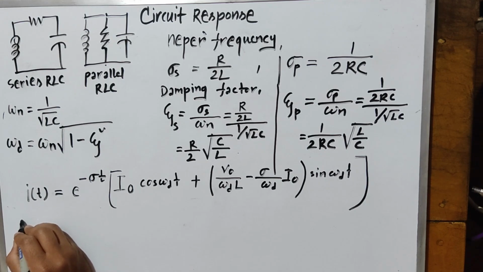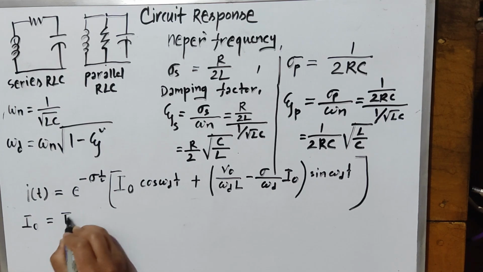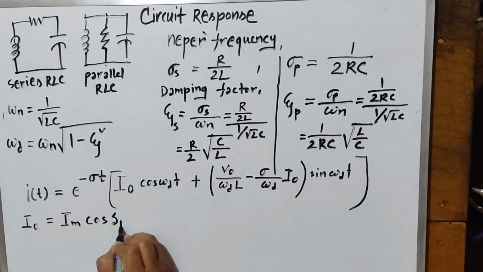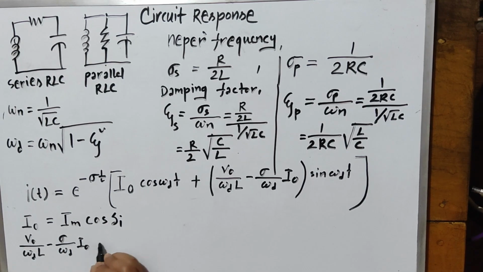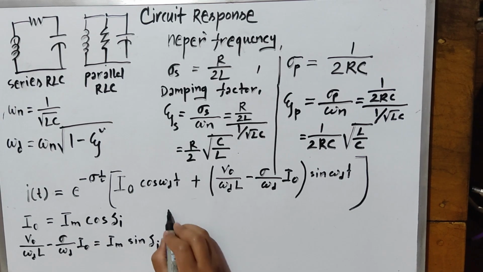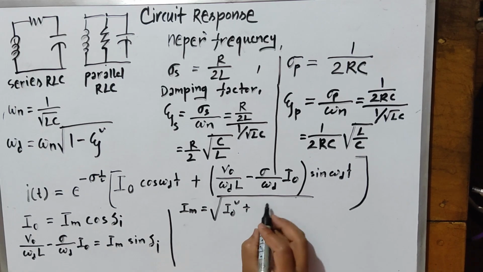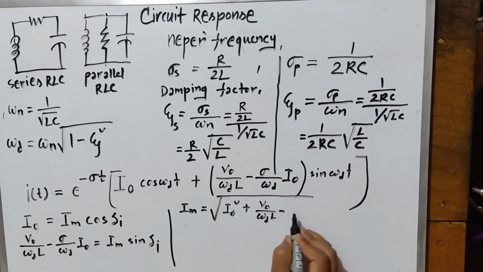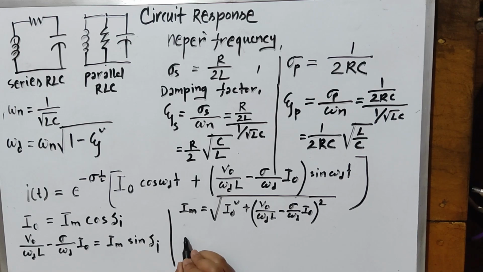So if I say that Io is Im cos delta I, and the term Vo by omega dl minus sigma by omega d Io is Im sine delta I, where Im is root over Io squared plus Vo by omega dl minus sigma by omega d Io, squared, and this is the phase difference, phase shift.